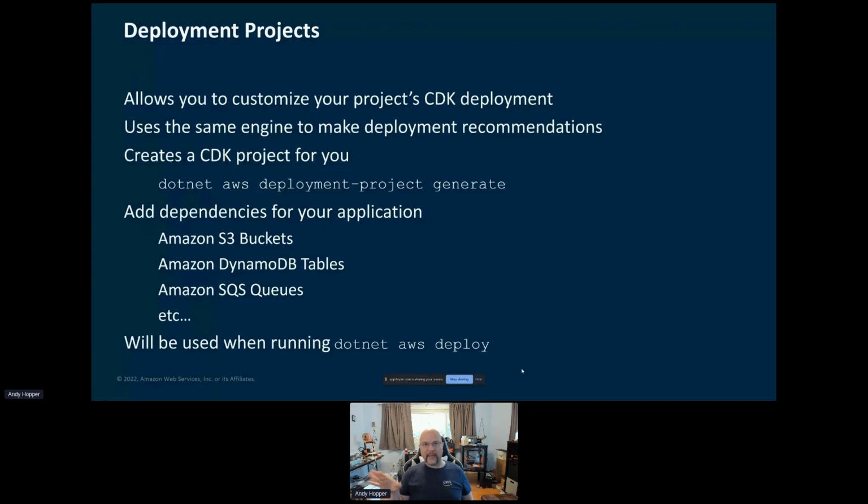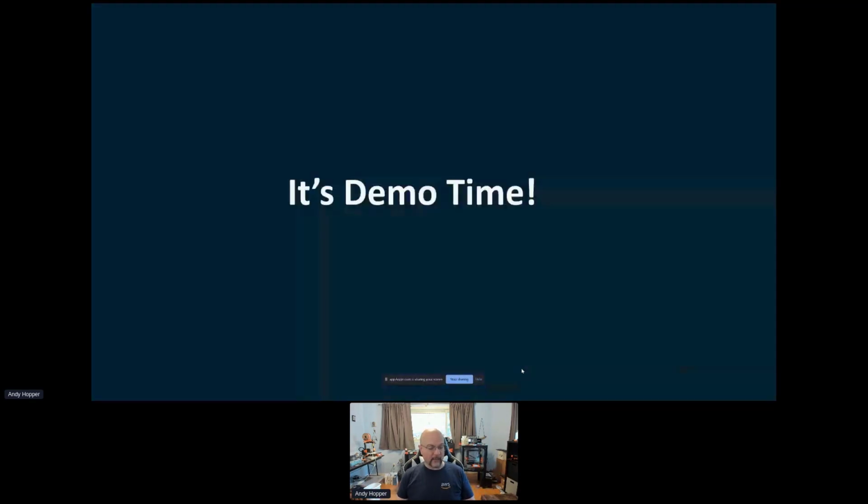We'll take a look at how that works in just a couple of minutes. But the whole idea is that now that you've got your deployment project there, it's a full-fledged CDK project. You're literally doing infrastructure as code because the CDK can be written using C# code. And you simply load whatever other resources you want deployed into your AWS account inside that CDK project. So let's take a look at how that works.